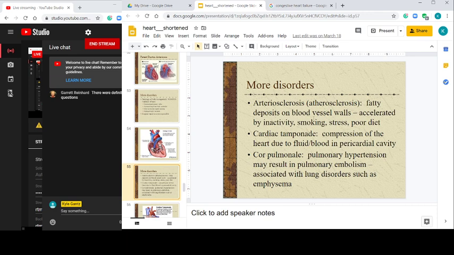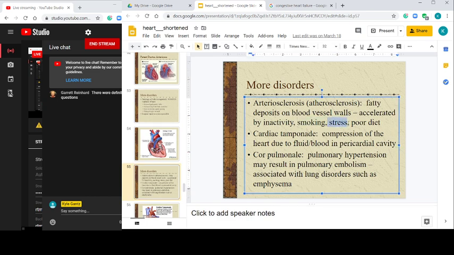So different things can cause damage to the walls: smoking, high blood pressure, high sugar diet. All those things can cause the vessels to be stressed, to be damaged, and therefore we can start to get stuff sticking to them, and over years and years, we will end up getting clogging of the arteries. This is clogging of the arteries.